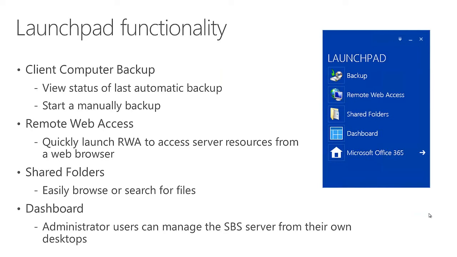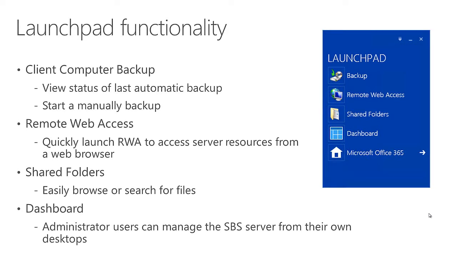One is to look at the status of the client computer backup. So again, when you connect your computer into the Essentials environment, by default it will automatically back up that computer to the server overnight or during whatever window of time that you have defined on the server. And you can also use the Launchpad to start a manual backup.